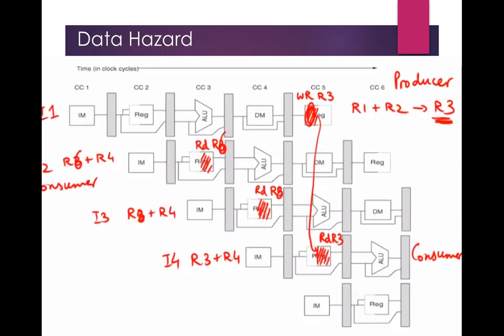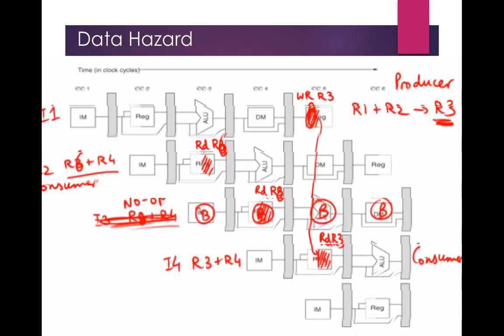In the diagram you can see the write happens for instruction 1 in the first part, and then read R3. So now we get the updated result of R3, and we can solve the data conflict. We can resolve the output of R3 very clearly.